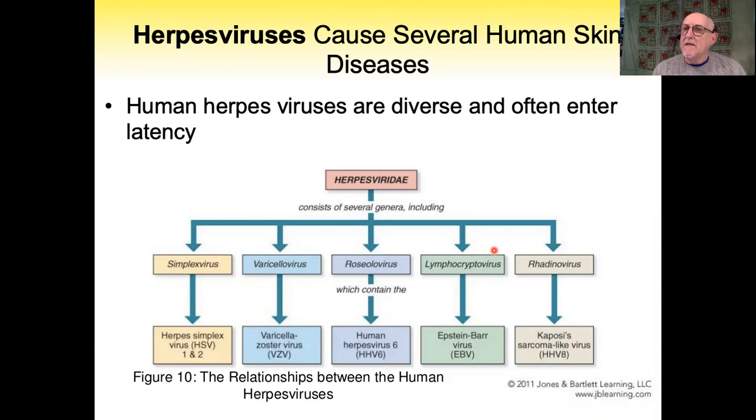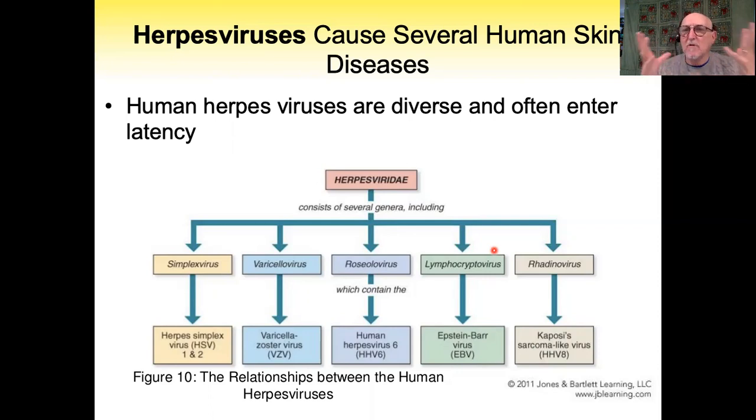So here's a group of viruses which I'm sure you've heard about. These are the herpes viruses, and the herpes viruses are enveloped animal viruses with a double-stranded DNA genome.